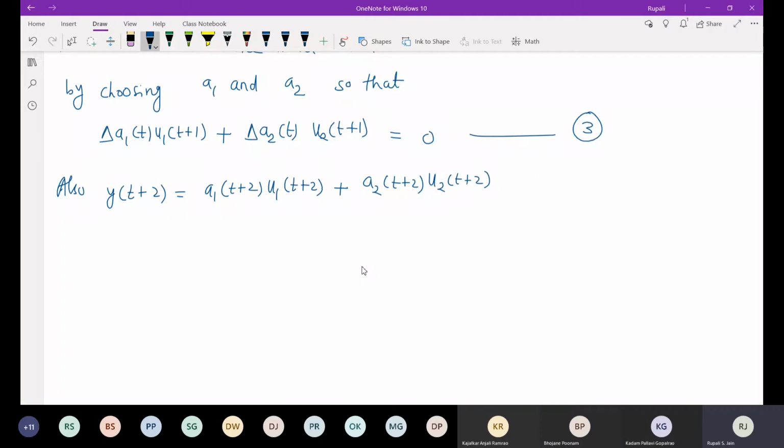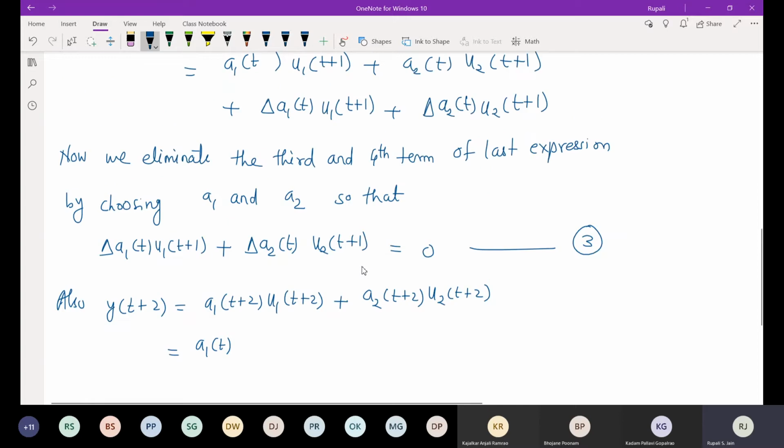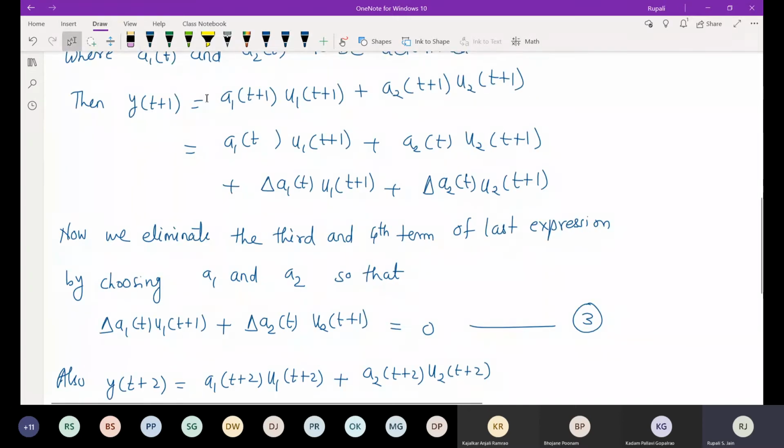Now again, if I want to write in terms of delta a1t and delta a2t, from here we will take this y at t plus 1 is this one. We won't write from here, so this we will give a number. Third is this one, fourth is this one.